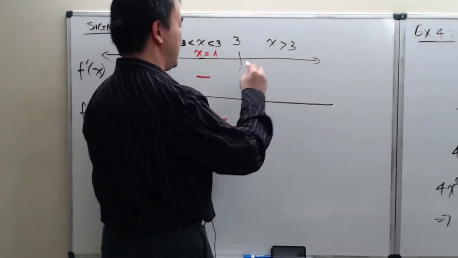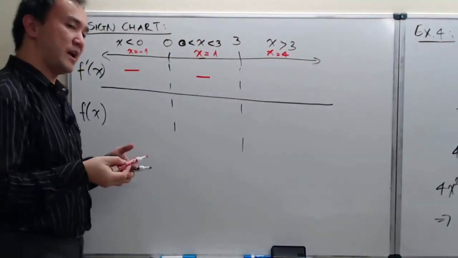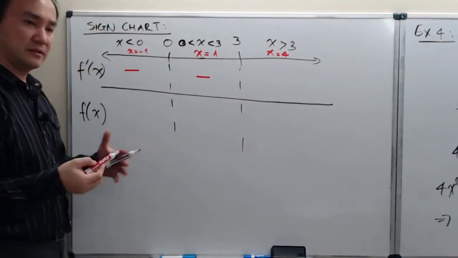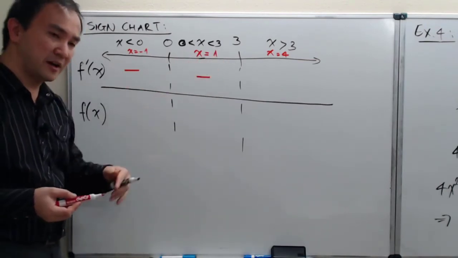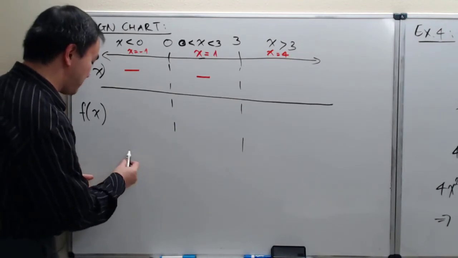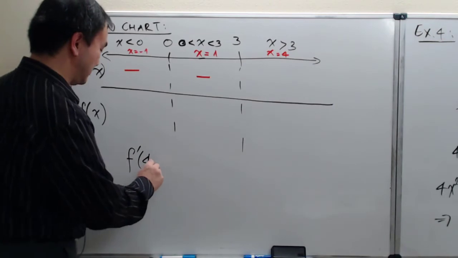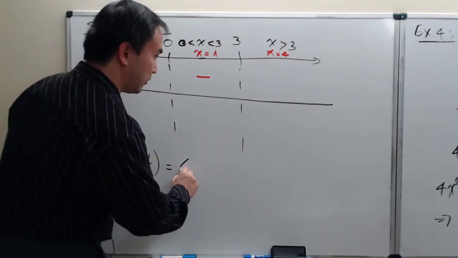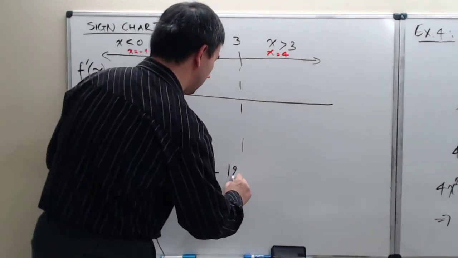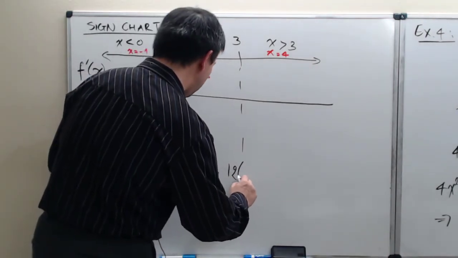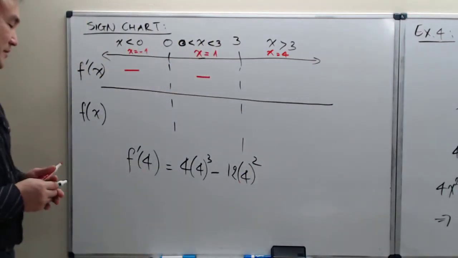Now I'm going to pick x equals 4 in the interval for x greater than 3. Again, any viewer can pick another value different from mine. So now I'm doing f prime at 4. That gives me 4 times 4 cubed minus 12 times 4 squared.